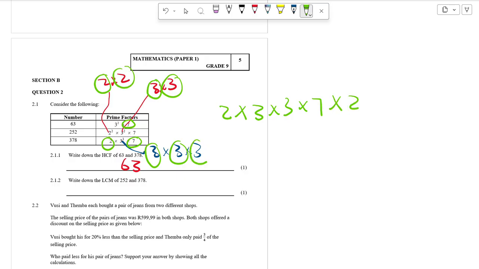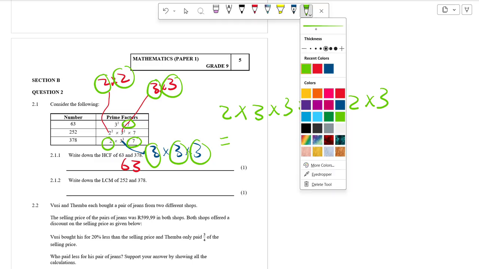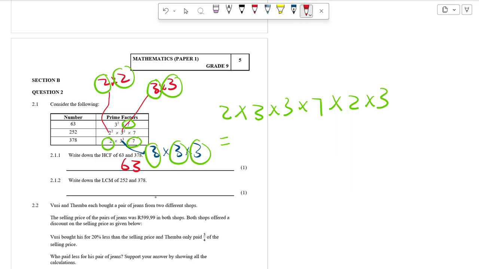We are left with 3, multiply by that 3. That is the difference. So in LCM, what's remaining, we also add individually. Okay, so press your calculator, 2 multiplied by 3 multiplied by 3 multiplied by 7 multiplied by 2 multiplied by 3. We are going to have 756. That is your answer.